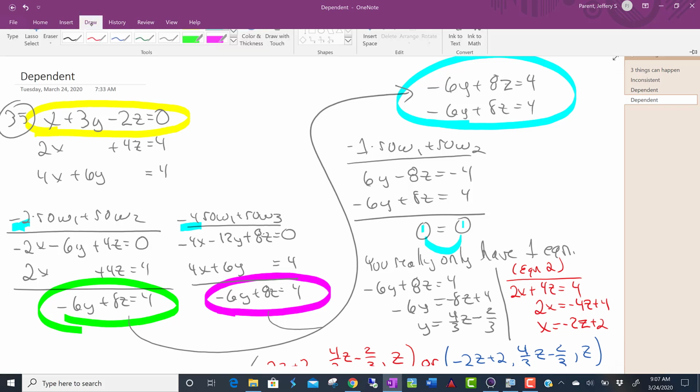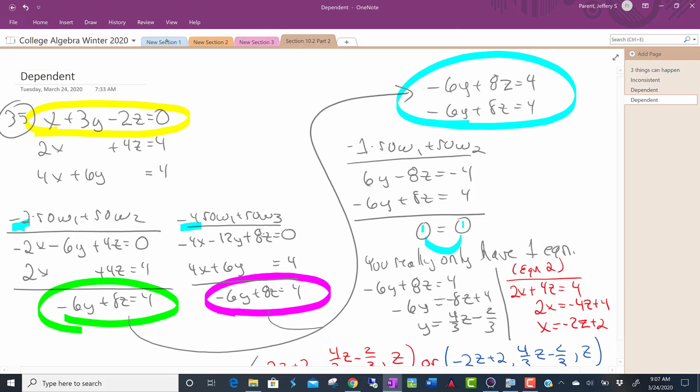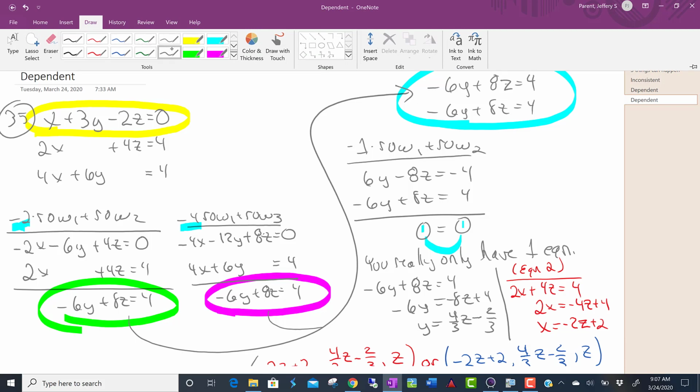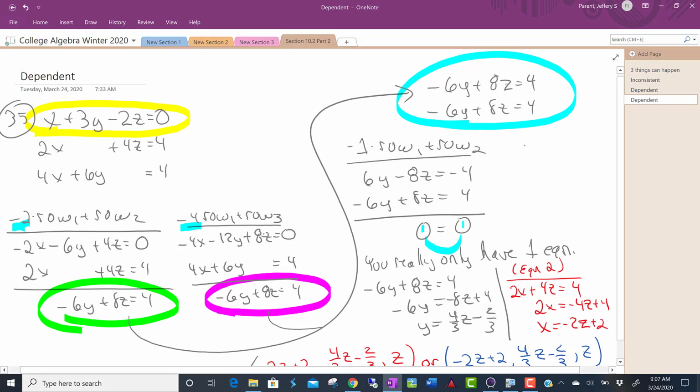So what that's saying is that I've got another dependent system. So because it's dependent, I'm going to see what I can do with this. And the first thing that I'll notice is that essentially I've only got one equation here.